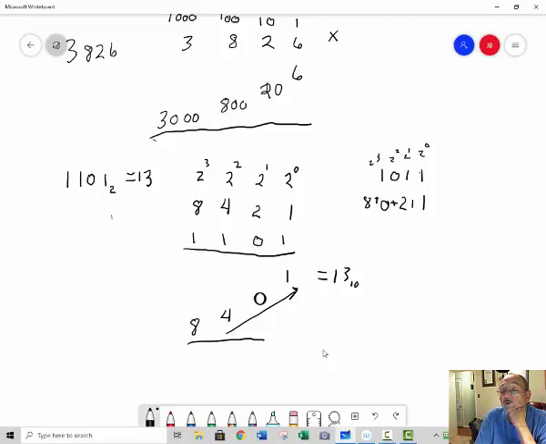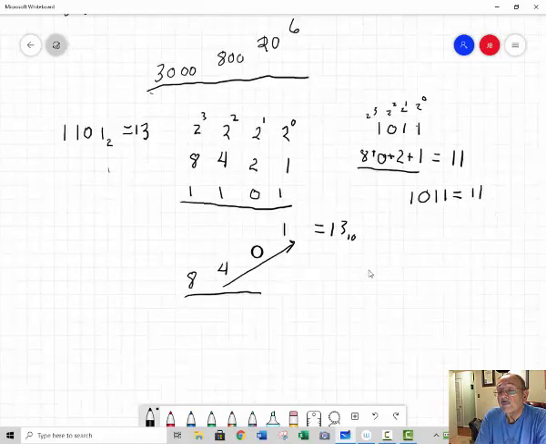And if I add those, I don't have to do it diagonally like I did in the previous exercise. If I simply add those, that turns out to be 8, and 2 is 10, plus 1 would be 11. So 1011 is going to be 11.